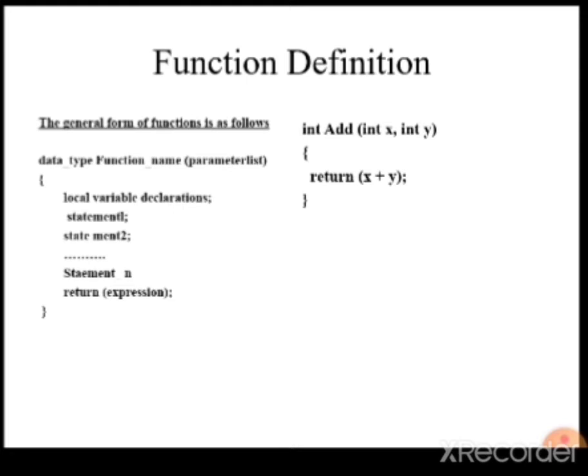So here you see int is the return type of the add function. add is the function name. We have int x and int y, two parameters. return x + y, here the sum of the two numbers is returned. So the return type is int, two integer values are added, and the result is also an integer.